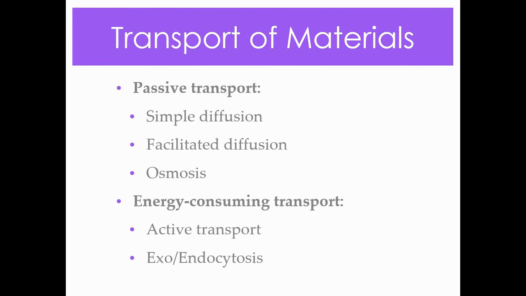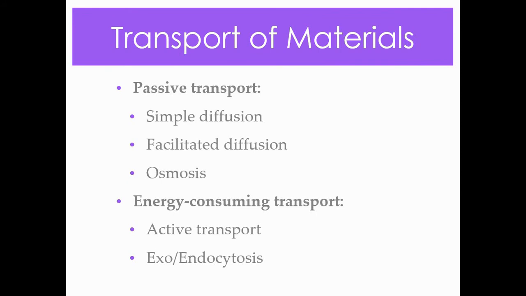Because the membrane acts as a barrier between the inside and outside of the cell, they are the ones that restrict the entry or exit. So they are the ones that facilitate the transport of materials from and into the cells.